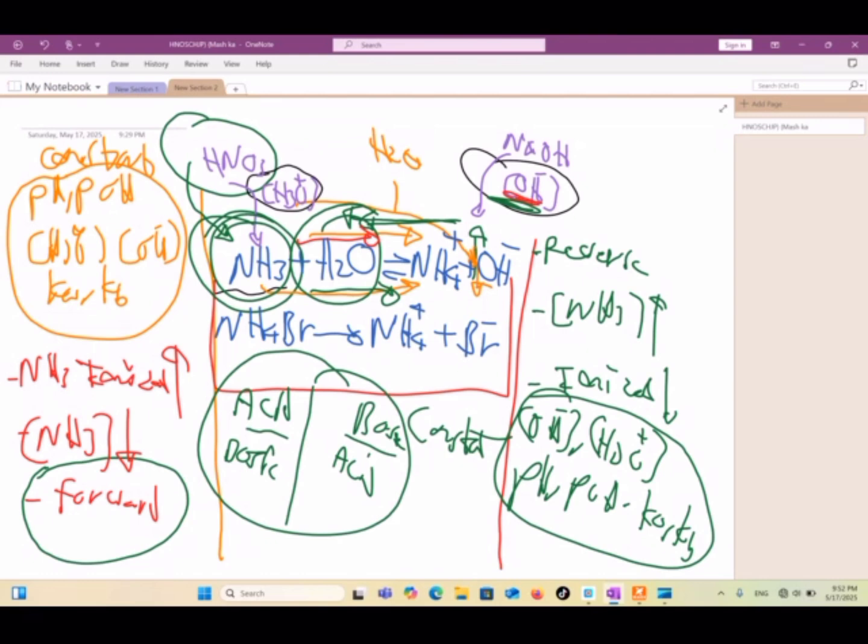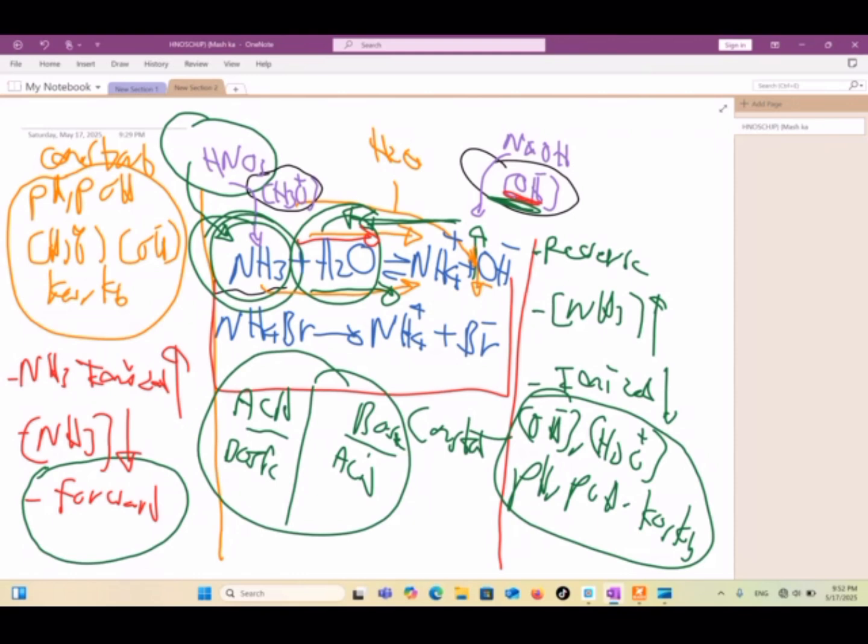The one that is added is the opposite of the one that formed the buffer. In this case, the forward direction is always favored, the ionization increases, and the concentration of the weak acid and the weak base decreases.